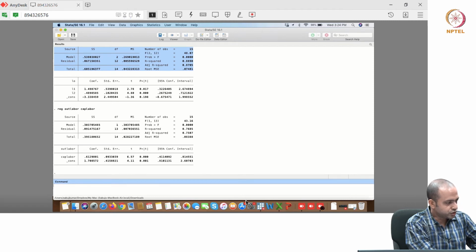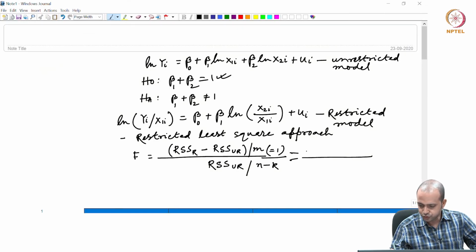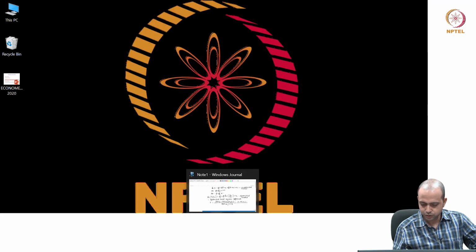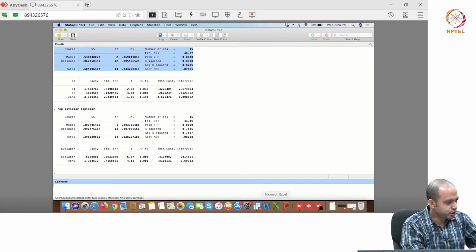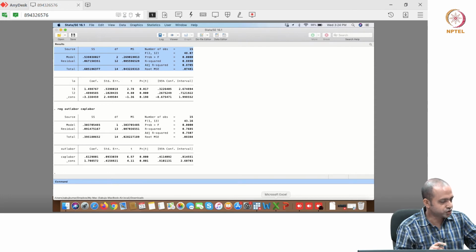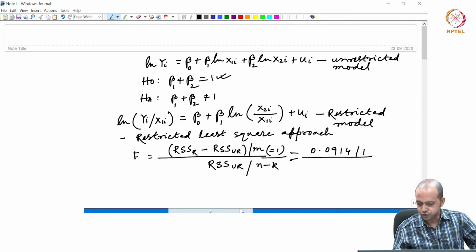It is 0.0914, divided by 1, because m equals 1. And what is RSSUR? RSSUR is 0.0671.